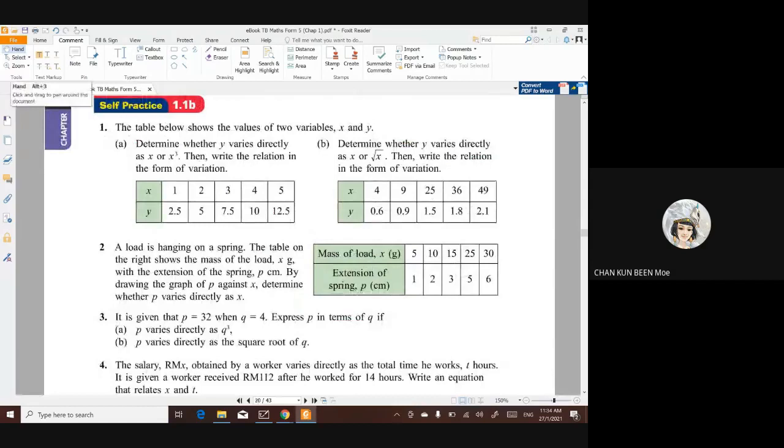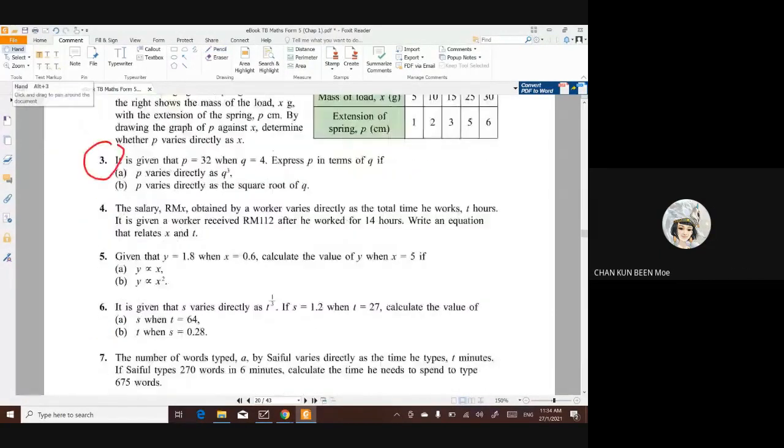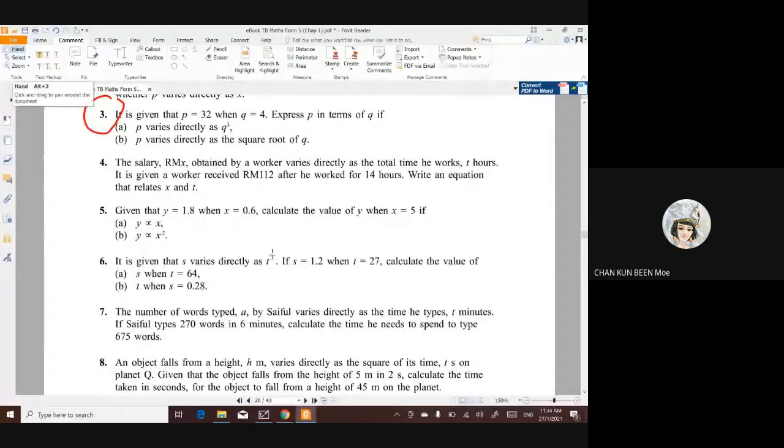So your exercise. You need to tick your exercise. I've chosen some questions for you, but I don't want you to do it all because it's quite a lot. The questions you need to do are question number 1. Is your book with you? Question number 3. After that, question number 6.